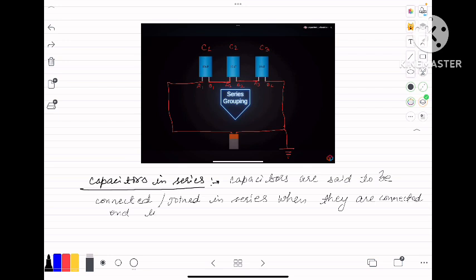Means second plate of one capacitor is connected to first plate of the next capacitor and so on.